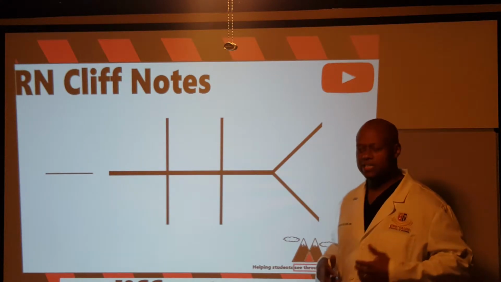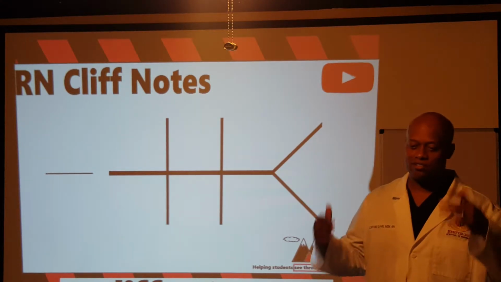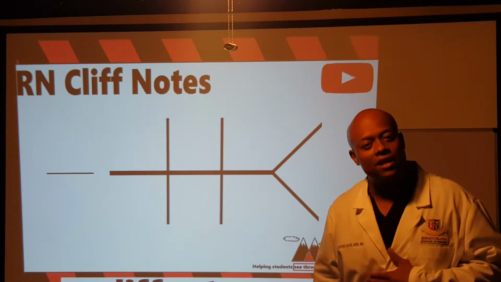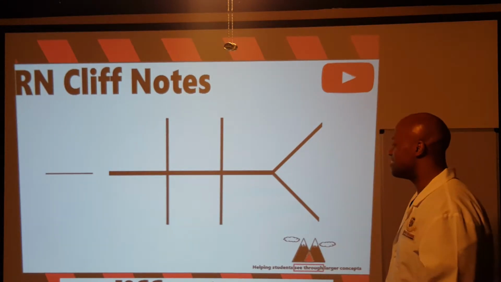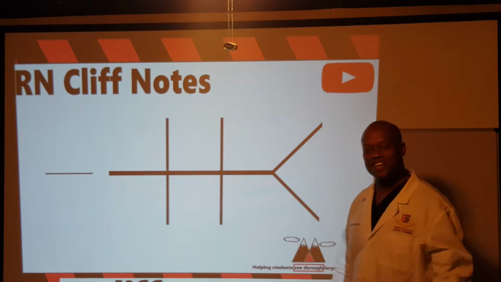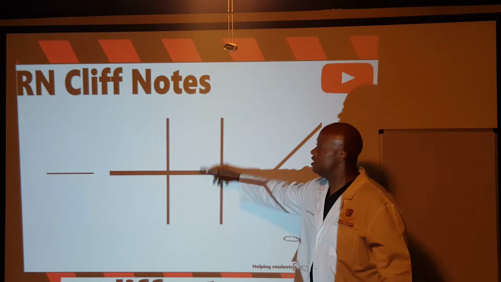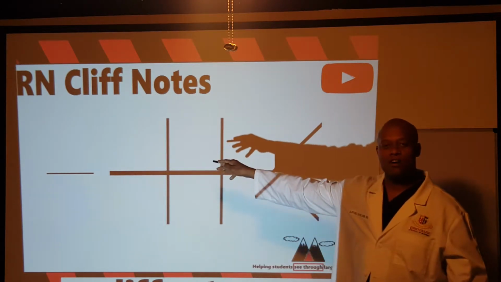And an easy way to remember it: we want to start with positivity. How about that? That's cool. All right, now the next one. In this next column, these two, this is going to be your negative charges.